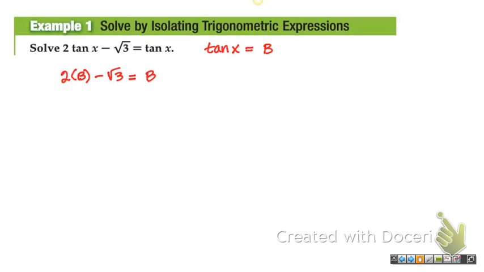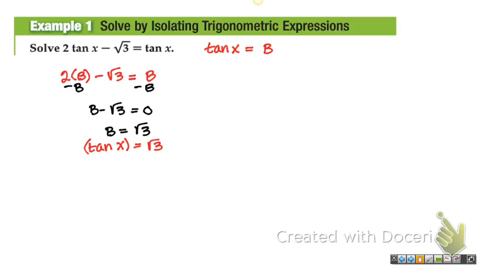As soon as I replace tan x with another variable, it's really not that hard of a problem to solve, right? How would we solve this? Subtract b from both sides. I'd get b minus root 3 equals 0, and I'd get b equals root 3. Not a hard problem to solve. But we weren't solving for b, we were solving for tan x. So tan x equals the square root of 3.